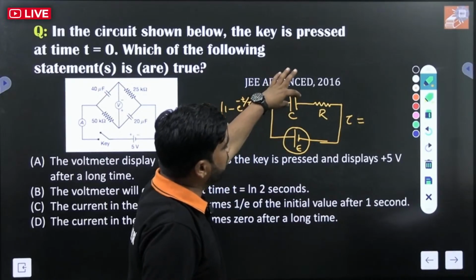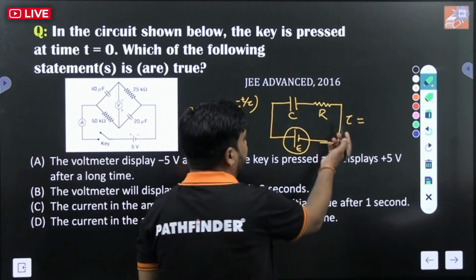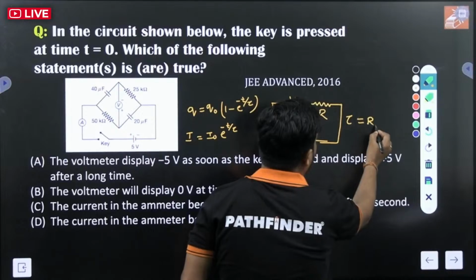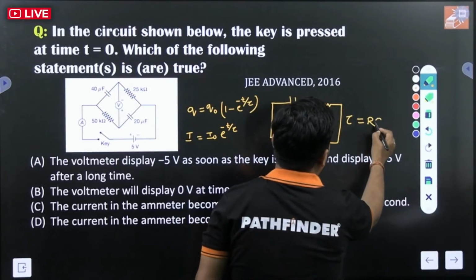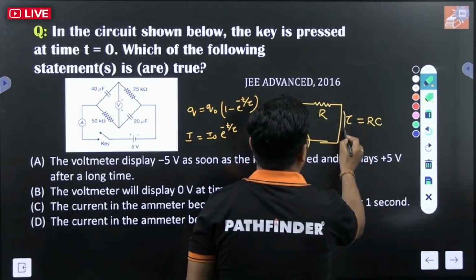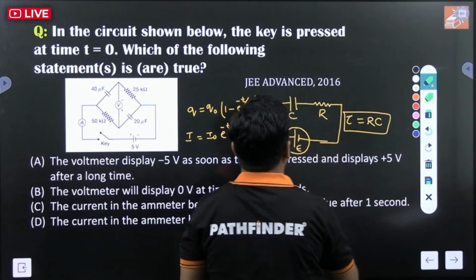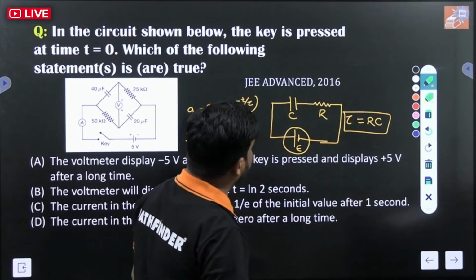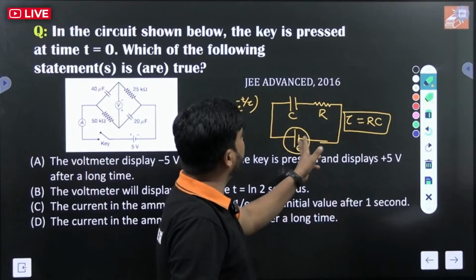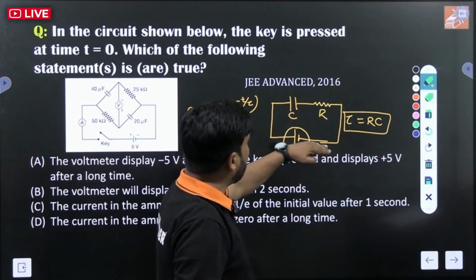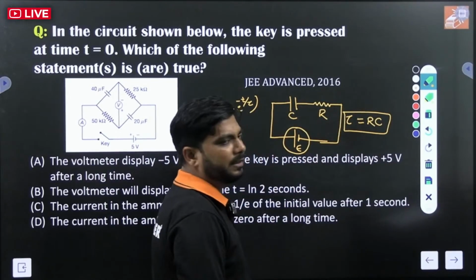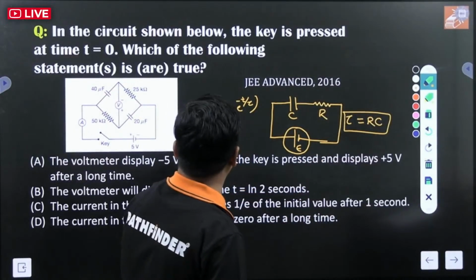Here it will be R only, multiplied by capacitance, RC. So this is your time constant. If multiple resistances are connected, you can use this method, shorting the battery, and then calculate the equivalent tau. In this case, it will be RC.